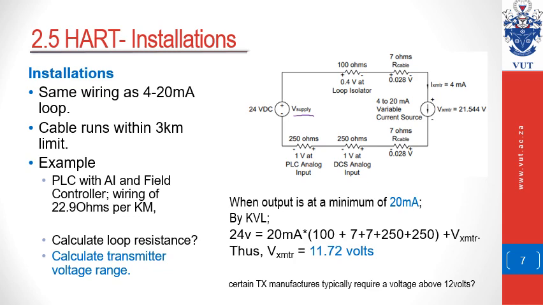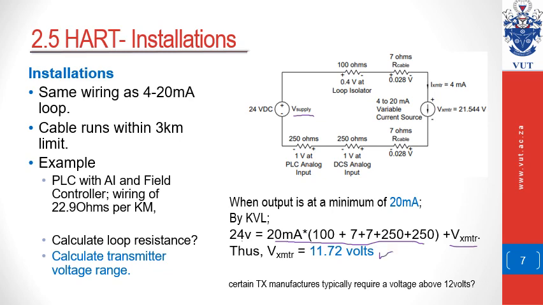So our 24 volts will be equal to the current times all the resistances plus the voltage across the transmitter. In a similar fashion, we can see that the voltage drop in this case is going to be 11.72 volts.